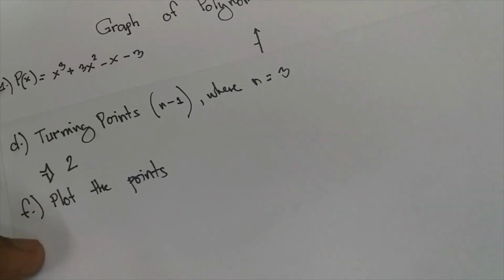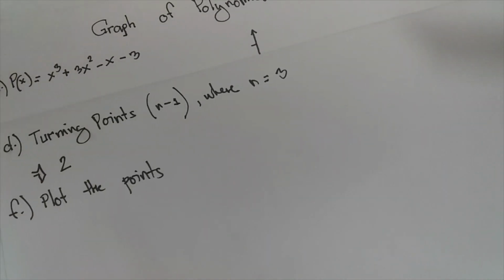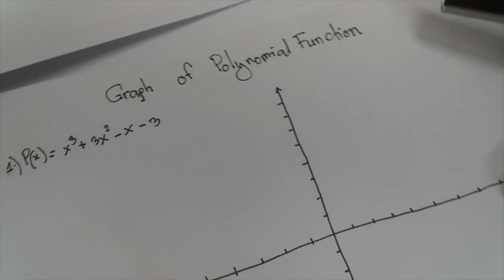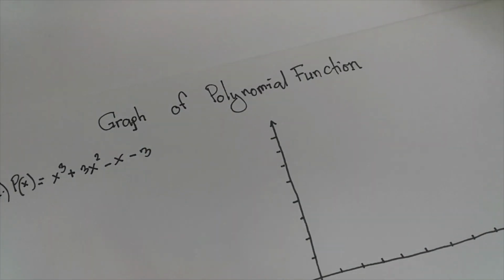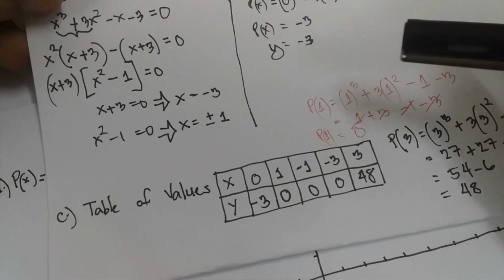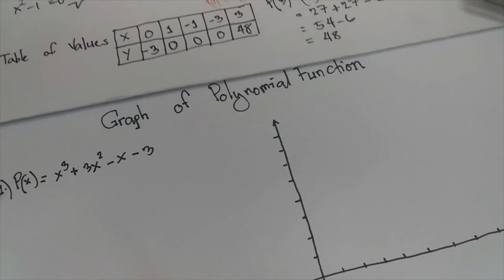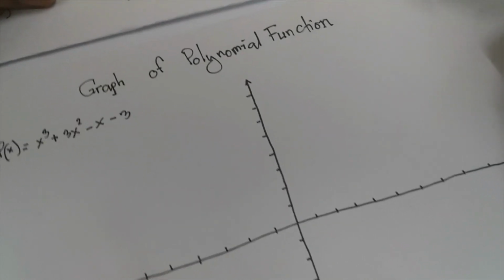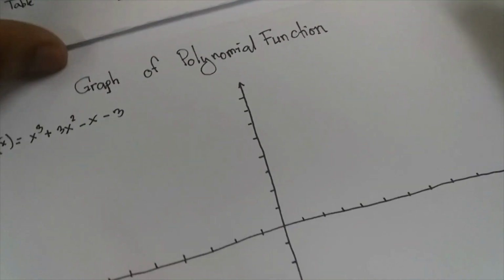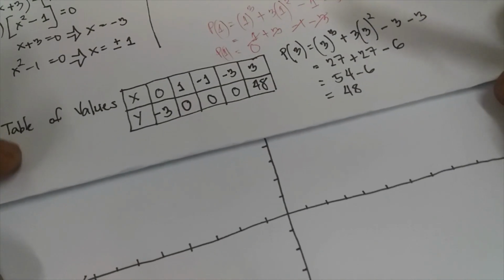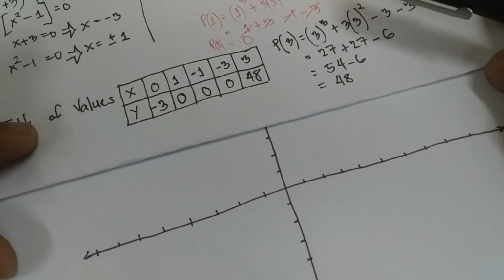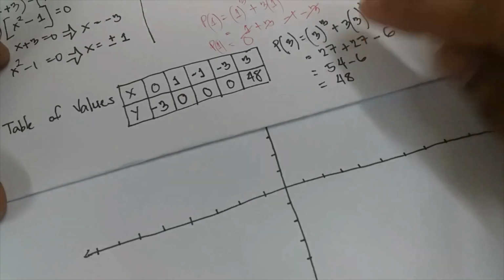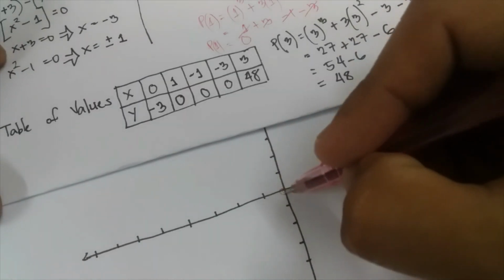Okay, next is plot the points. So we will now plot the points. So we will use this information in C from the table of values to plot our points. Okay, so when x is 0, the 0 is here in the origin.